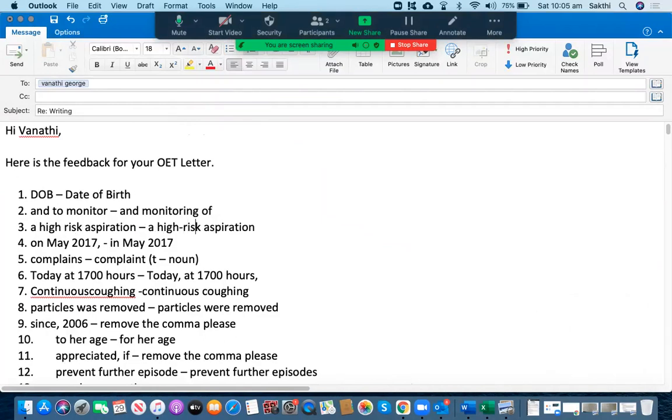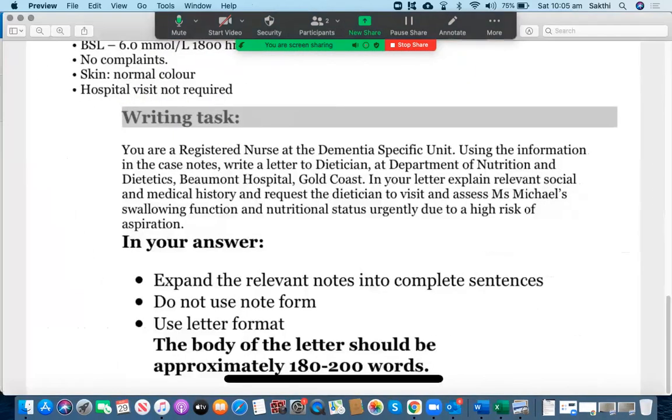Although they didn't mention over there, it's still a mistake because you need to place a hyphen in between. Okay, sir. Though they didn't mention it, you have to place a hyphen, because in the case notes they don't use the symbols correctly. They don't use the abbreviations correctly. So you have to do that.